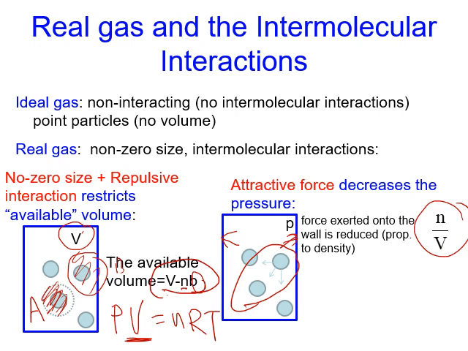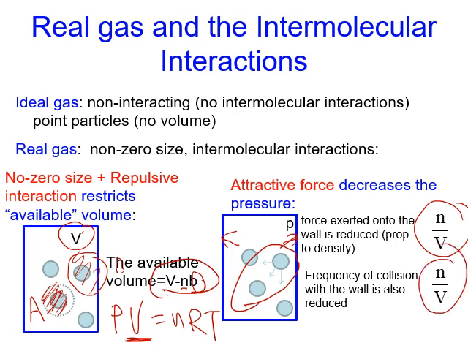Every second, how many times molecules strike the wall is also reduced proportional to the density, again n divided by V. So the force and the frequency combined, the pressure is reduced by n over V squared.